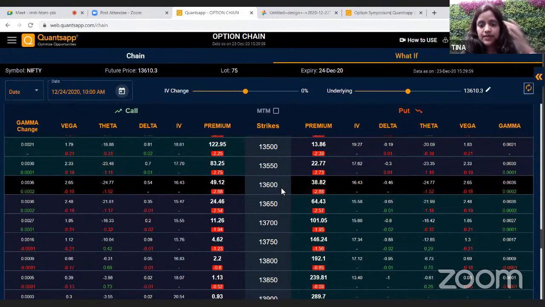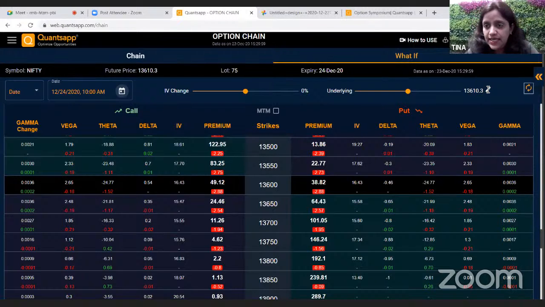And now that curve is getting steeper and steeper. So when you're trading weekly options, you cannot afford to miss out on the time part, because that is the most crucial of the elements.